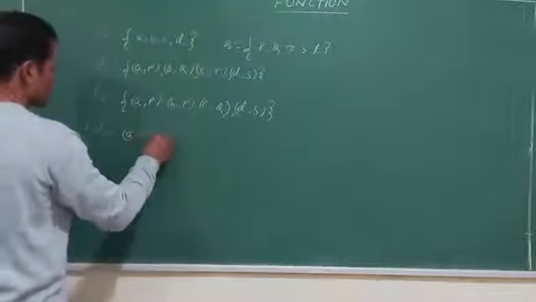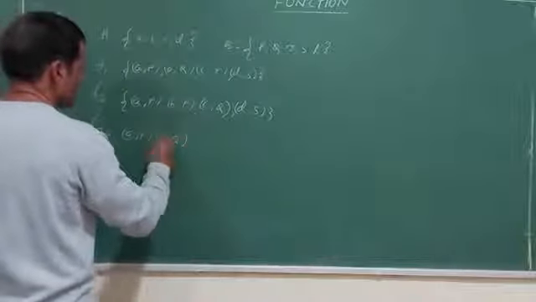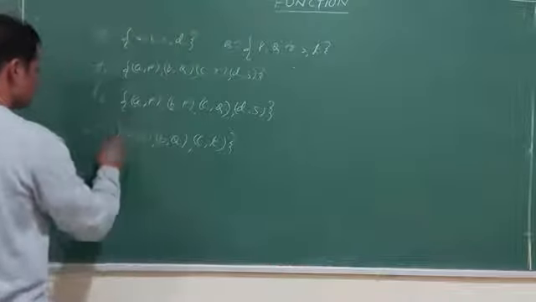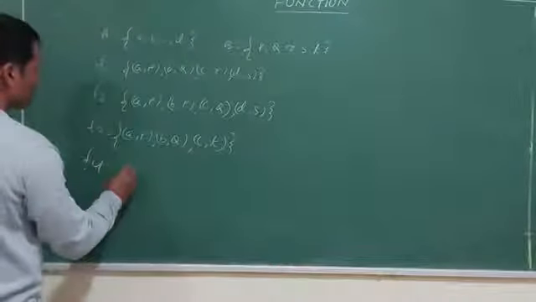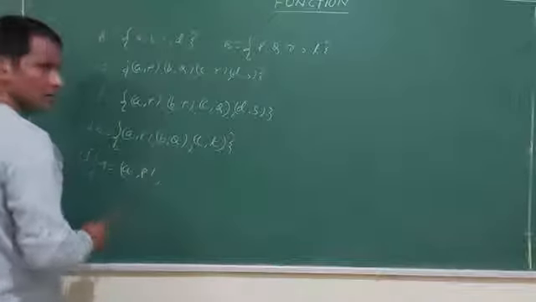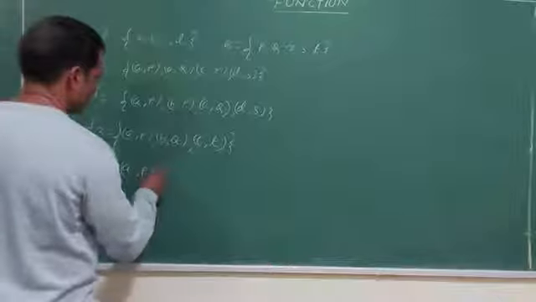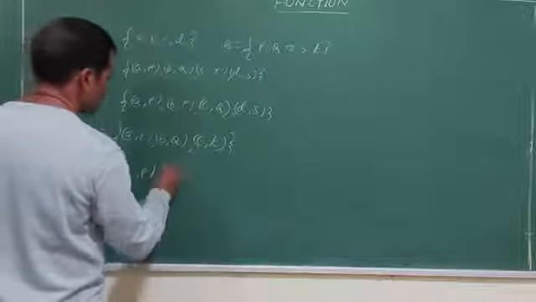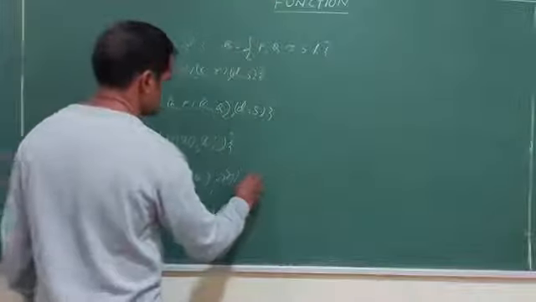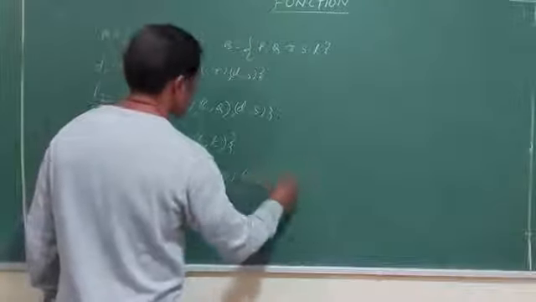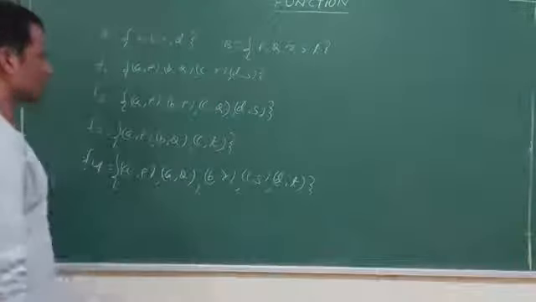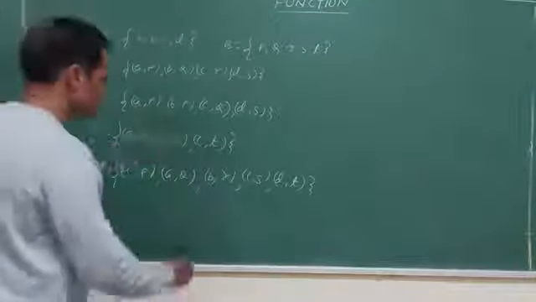F3: (a,p), (b,q), (c,t). F4: (a,p), (a,q), (b,r), (c,s), (d,t). This is given, and you have to find out which one is a function.